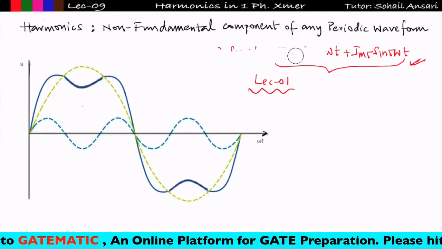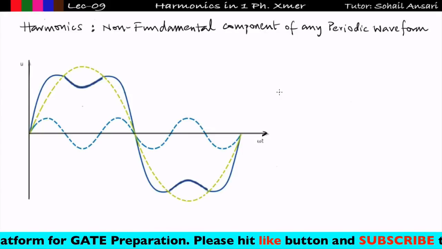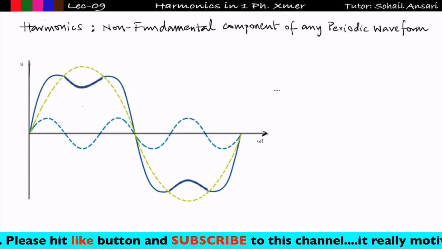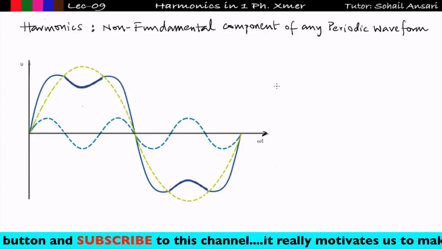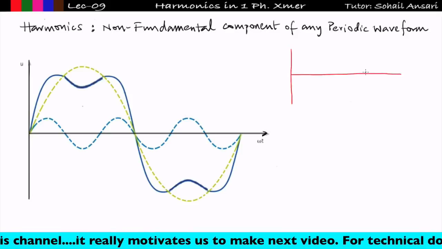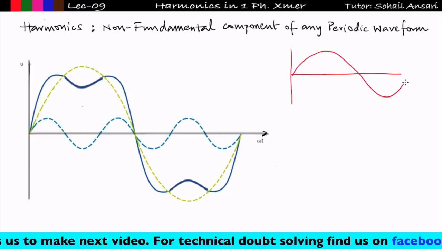Now in this lecture, first try to draw the waveform of different harmonic components. You should know how to draw the waveform of sine omega t, minus sine omega t, cos omega t, minus cos omega t. If I say draw the waveform of sine omega t, then it will be something like this.